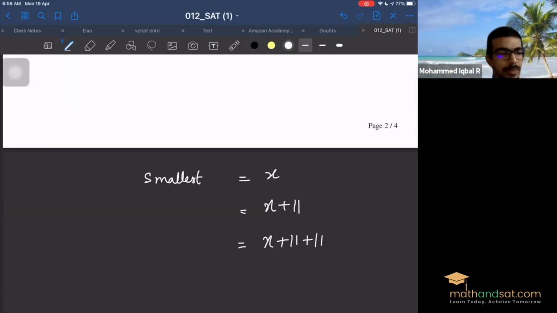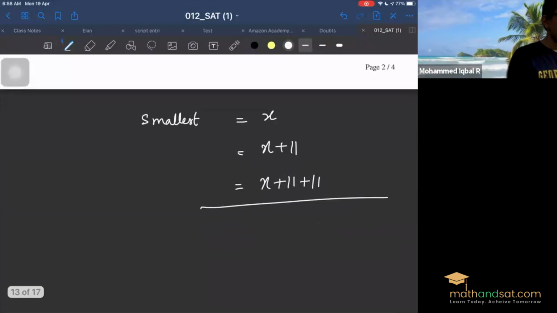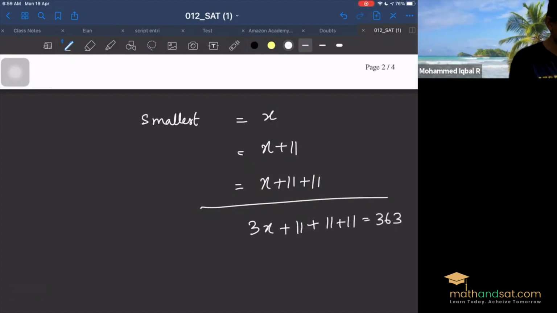Now it's simple. The sum of these three numbers is given as 363. So the sum of these three numbers is 3x plus 11 plus 11 plus 11, which is 363.